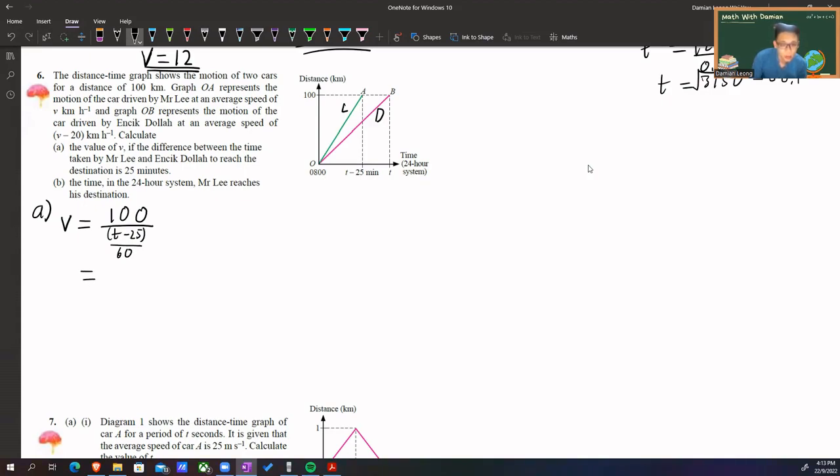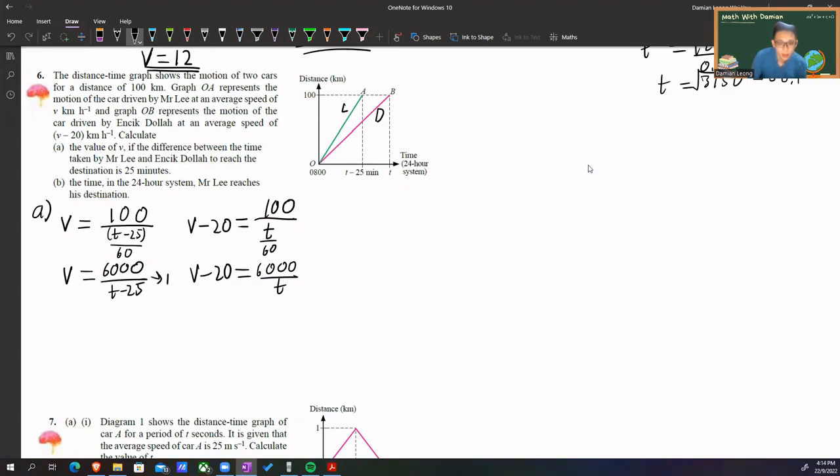So it is 6,000 over T minus 25. For Encik Dollar, V minus 20 is 100 divided by the time. Again, I have to divide by 60 for the time to change to hours. So it's 6,000 over the time.